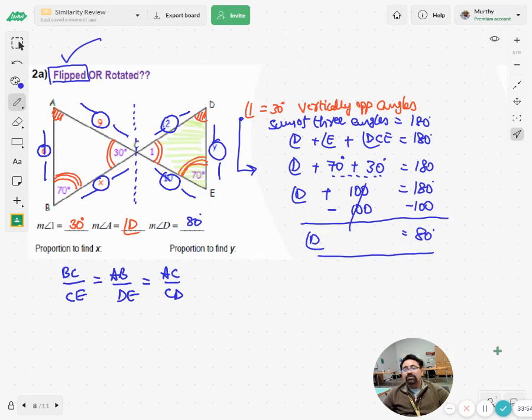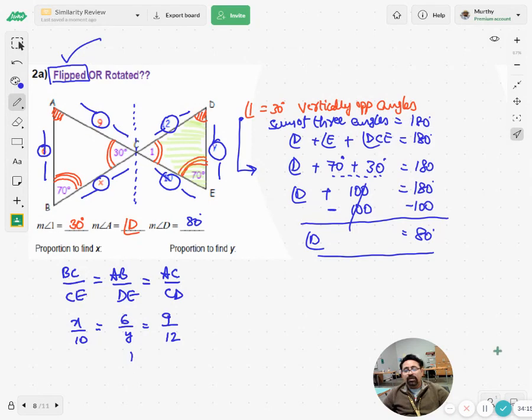Now plug in the values. BC, which is X, over CE, I see that 10 units. AB, I see that 6 units. DE is Y, equals AC is 9 and CD is 12 units.